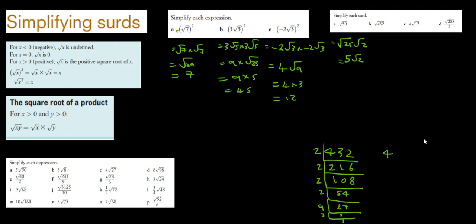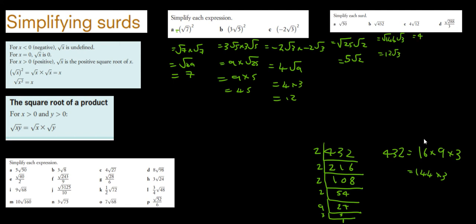So we can write 432 as 2 times 8, 16, which is a square number, times 9, which is a square number, multiplied by 3. Well, 16 times 9 gives 144. So we've got the root of 144 times the root of 3, which is 12 root 3.